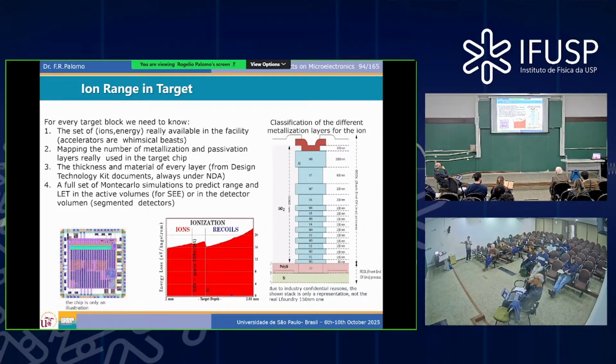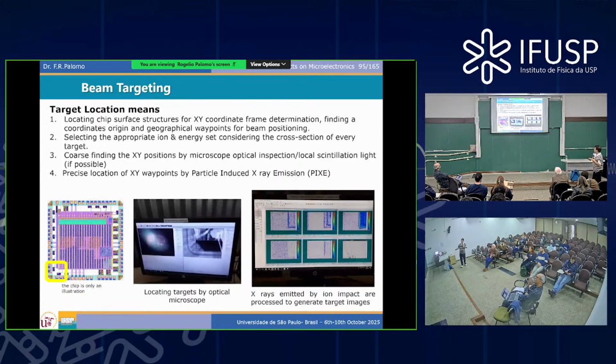This is a chip, just for you to know what a real chip looks like. That's the plot of a chip prior to sending that layout to the foundry. In fact, that was one of the chips we made in Sevilla. So, target location is very important when using PIXE. Basically, we finish the corners of every chip with aluminum.